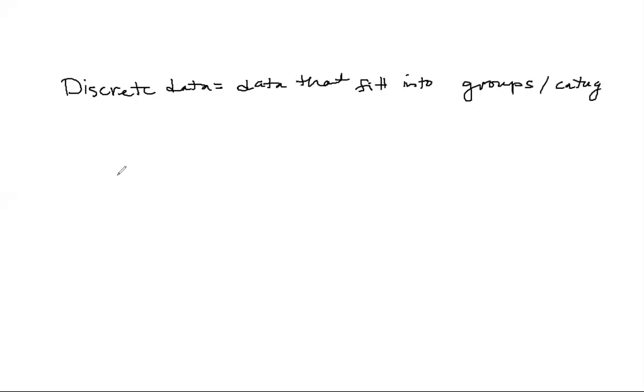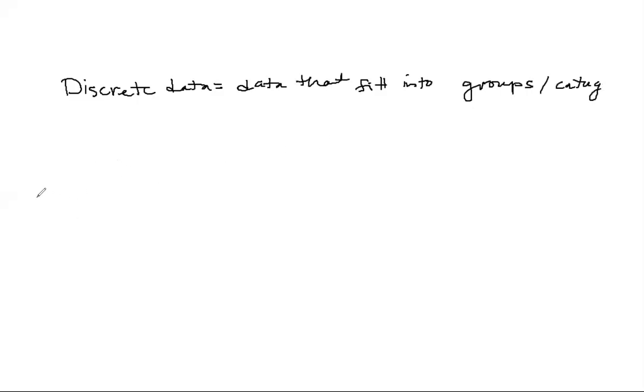So there's discrete data, which is data that fit into groups or categories. Okay.